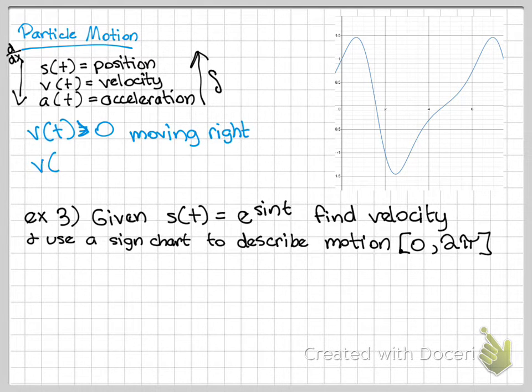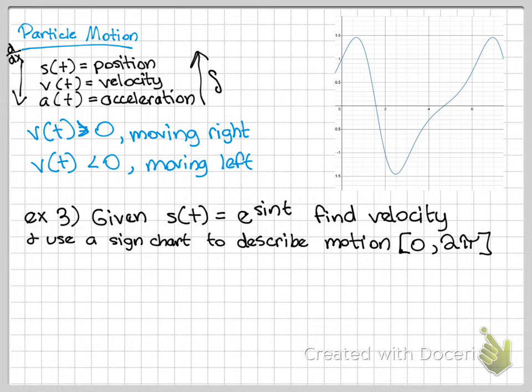When the velocity is less than 0, it's moving to the left. We aren't going into this, but remember, when velocity and acceleration have the same sign, the particle would be speeding up. When the velocity and acceleration have different signs, it would be slowing down. Okay, so those are just a few things about particle motion that we kind of looked into.